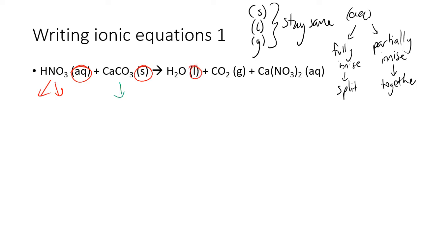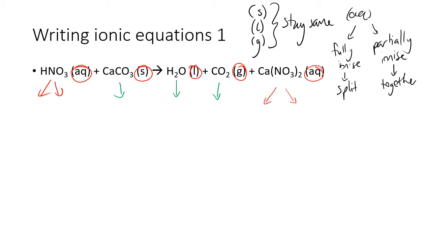Liquid, for the water, again, we keep it as one thing. Gas, we keep it as one thing. So those solids, liquids and gases we keep as one. Then finally we have calcium nitrate. Now calcium nitrate and all ionic substances effectively fully ionize even if they're insoluble, so we're going to split that.